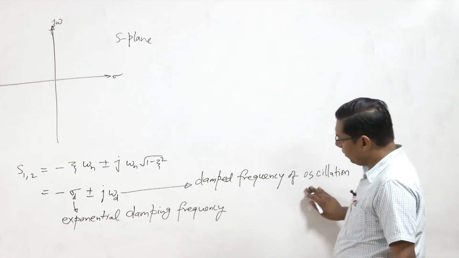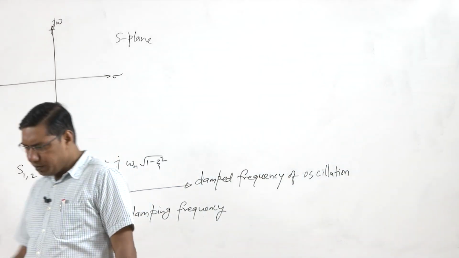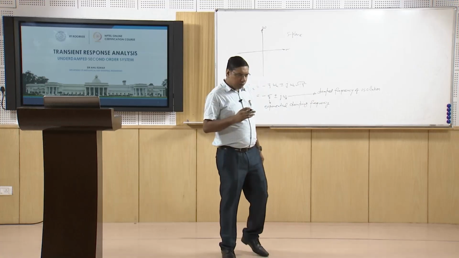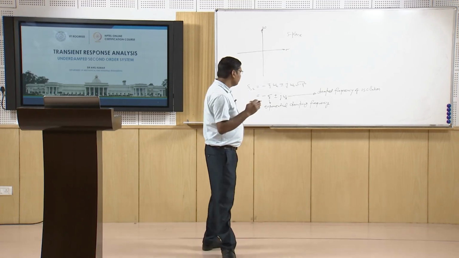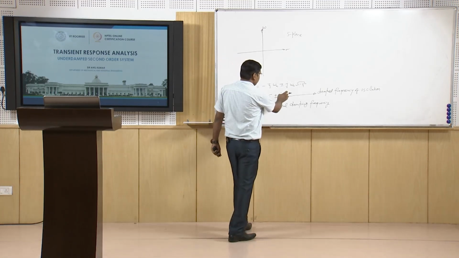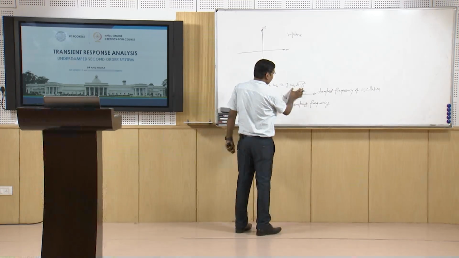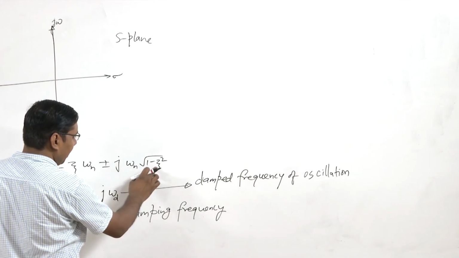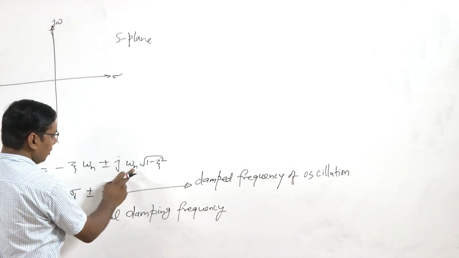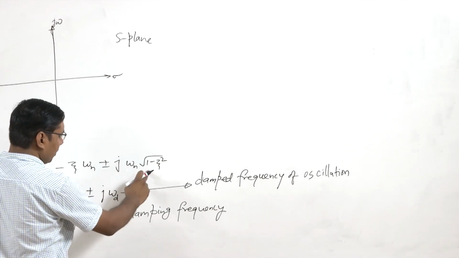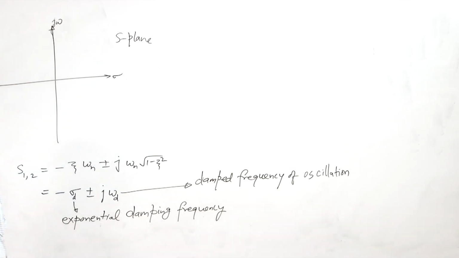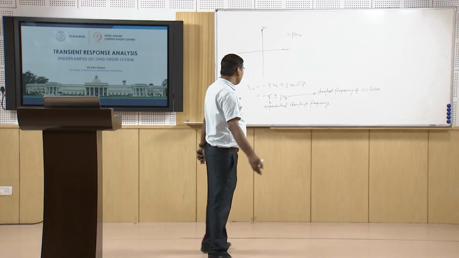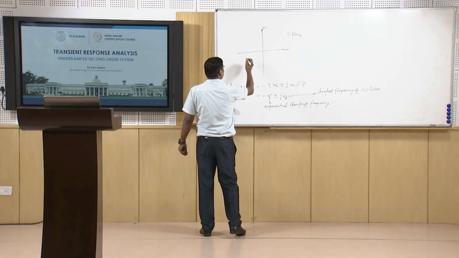So this is the frequency with which the damped system oscillates, and you can see that this is less than the natural frequency, because this damping is greater than 0. So this value will be less than 1, and therefore, the damped frequency is less than the natural frequency of the system.